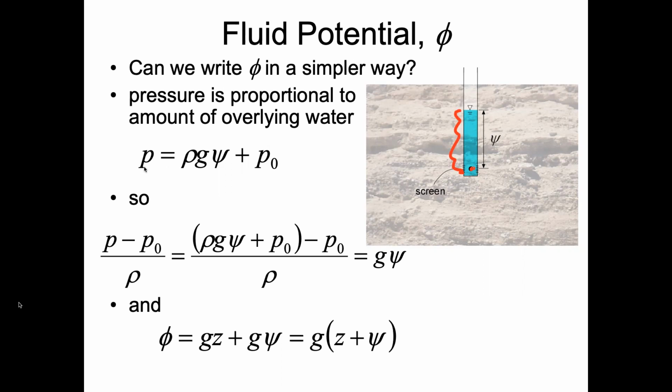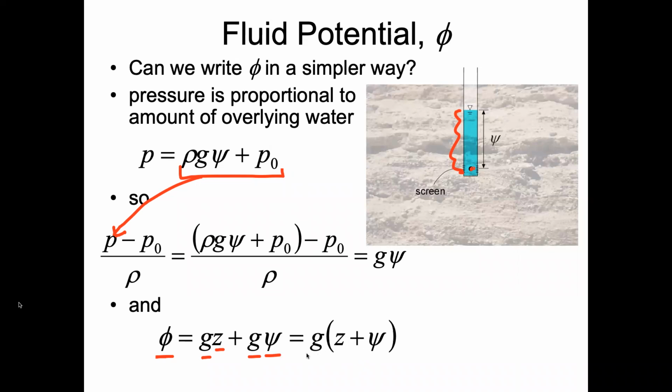So if this is true, we can plug this value in for our P, our pressure. Then we can rearrange the equation so that our fluid potential is equal to gravity times Z, our elevation, plus gravity times our pressure head. That's another way of thinking about it.